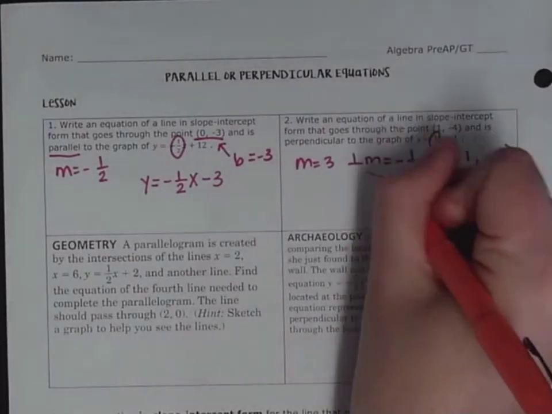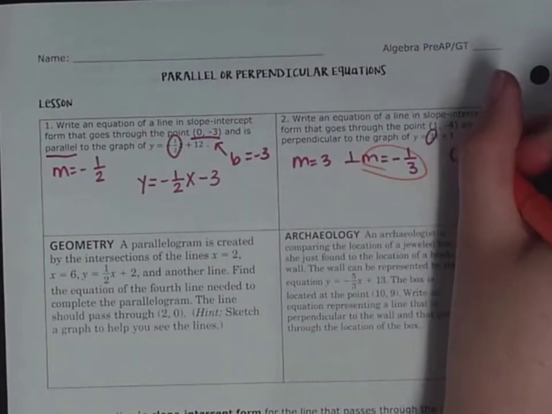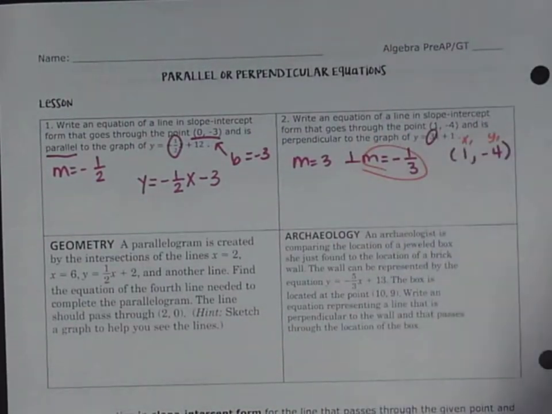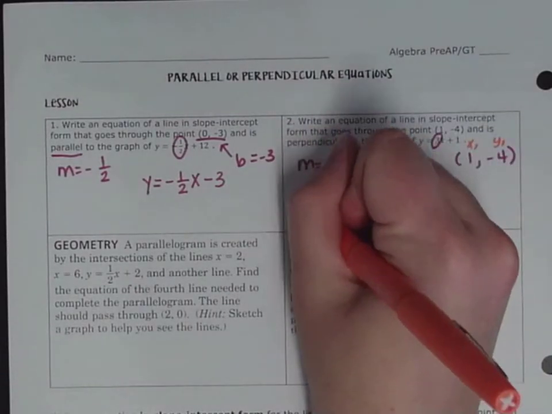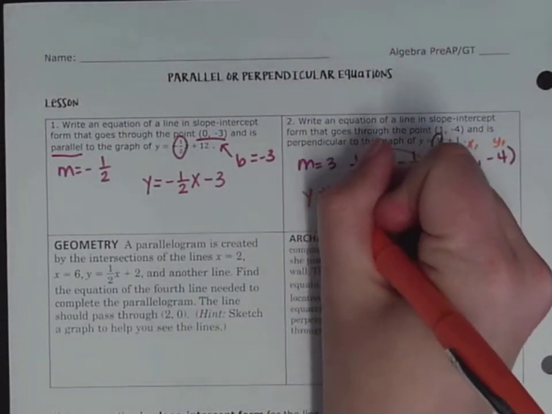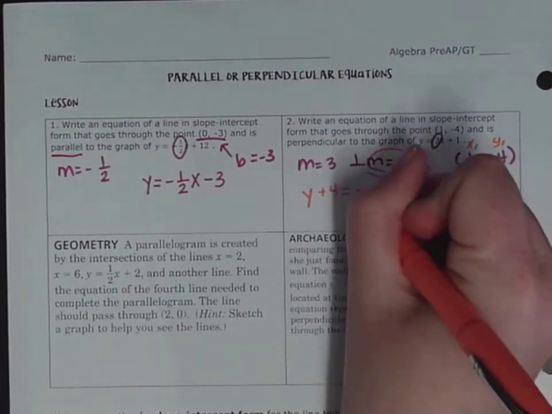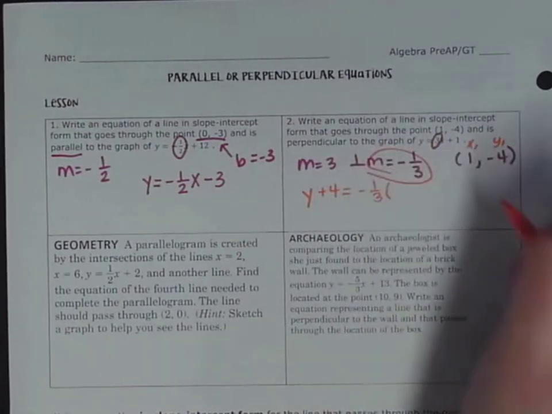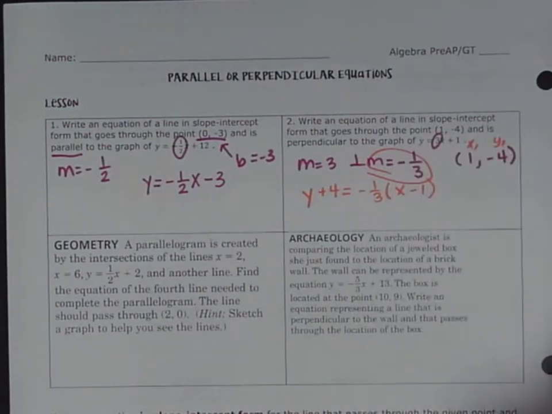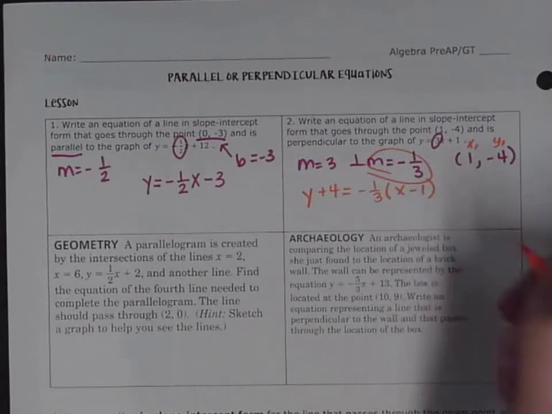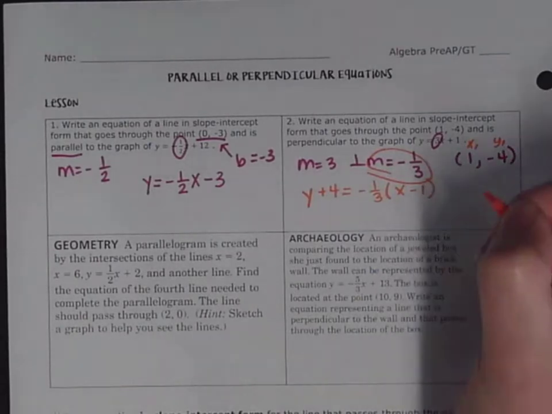So I've got my m that I'm going to use and my x1, y1. So y minus -4 equals -1/3 (x minus 1). Okay. And then we can distribute the -1/3.